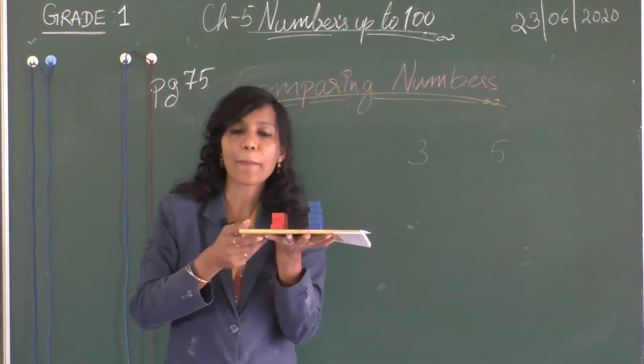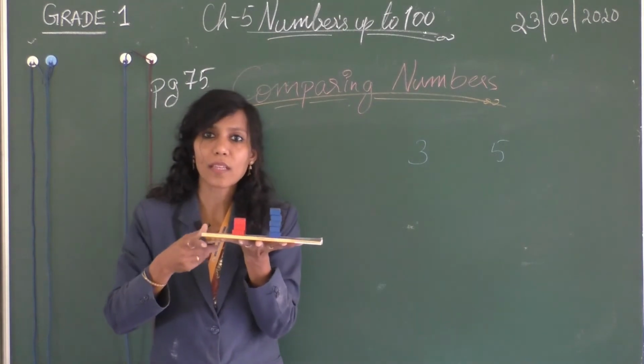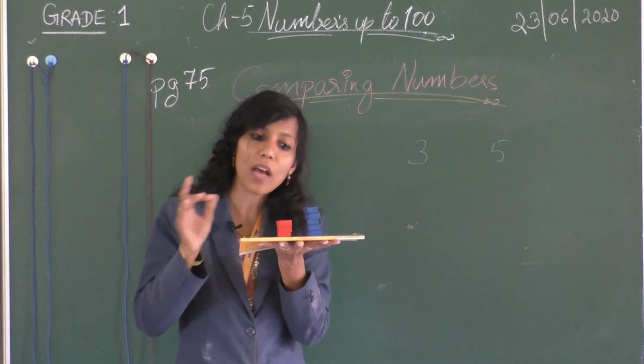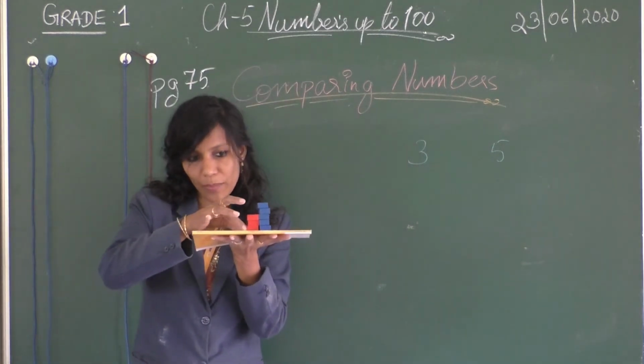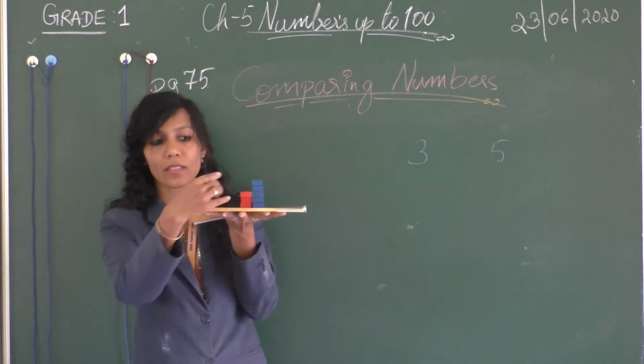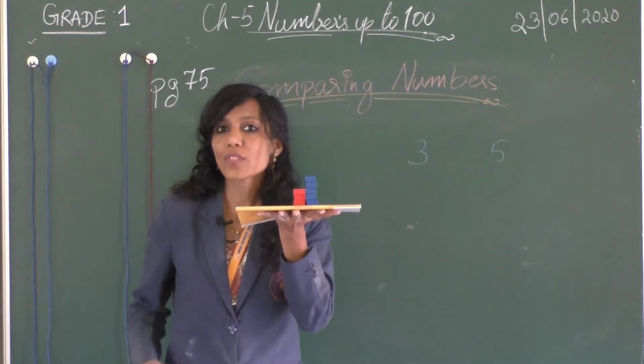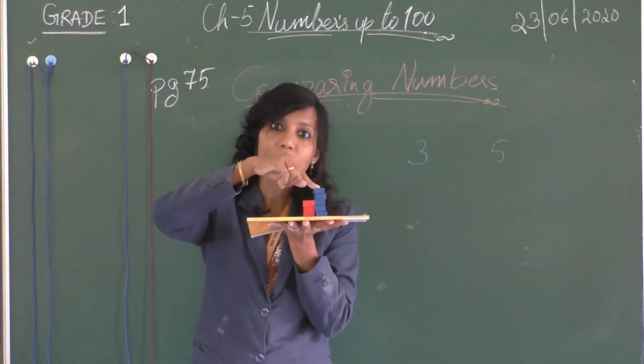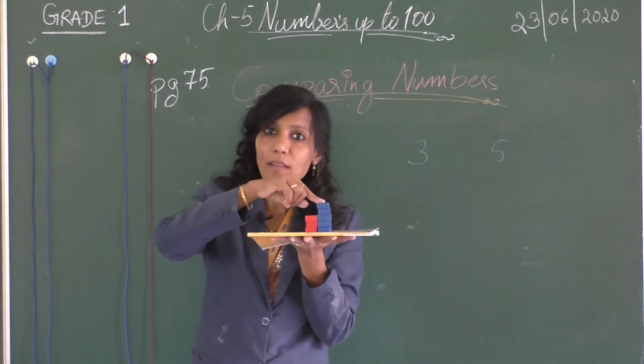Now we need to compare which is more, which is greater than or less than, or are they equal. Now if I bring them close, this is 3, this is 5. Which is more? Yes, the one which has come till up. So 5 is big.